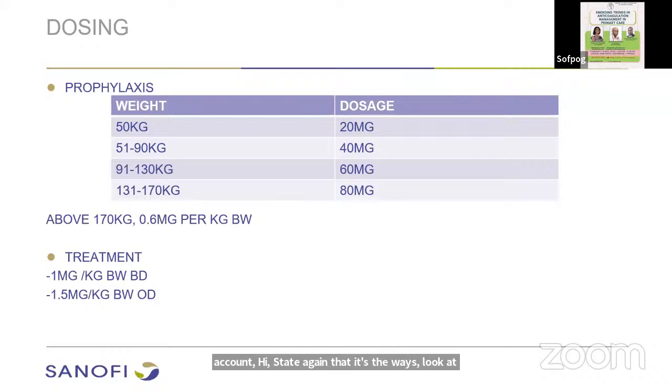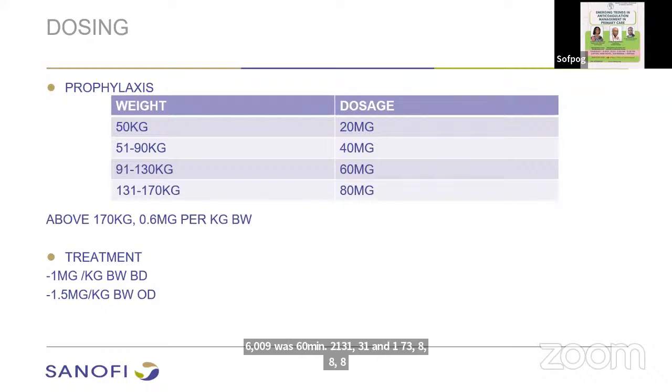So for patients who weigh between 51 and 90 kg, they will benefit from the 4,000 IU or 40 milligram as prophylaxis. Also, we have patients who are between 91 and 130 kg, 6,000 IU or 60 milligram. Patients between 131 and 170 kg, 8,000 IU or 80 milligram. Then those above 170 kg would be a 0.6 milligram per kilogram body weight in terms of dosing.